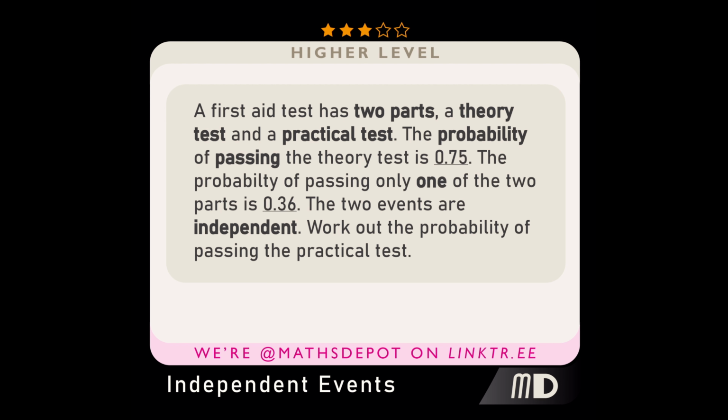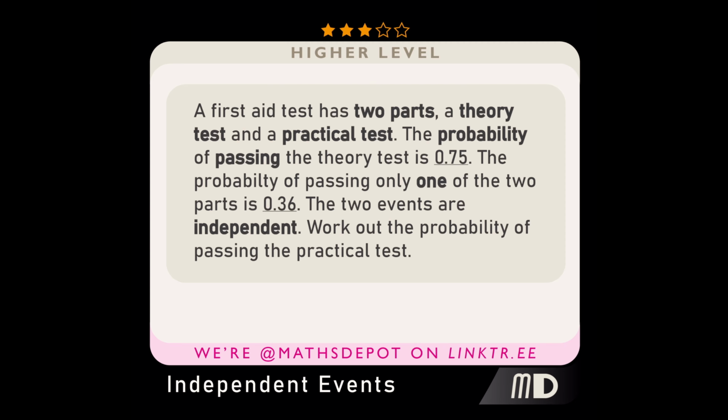Two events are independent if the outcome of one does not affect the outcome of the other. For independent events, we calculate the probability of a path by multiplying the probabilities along the branches.